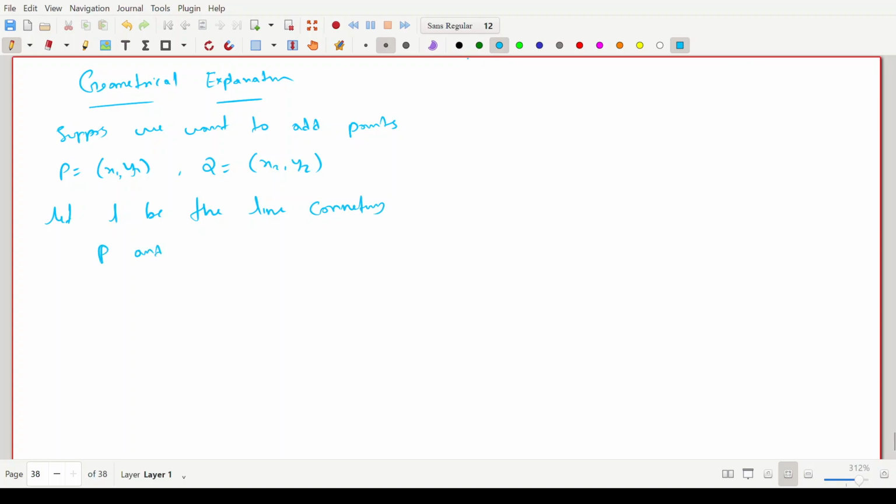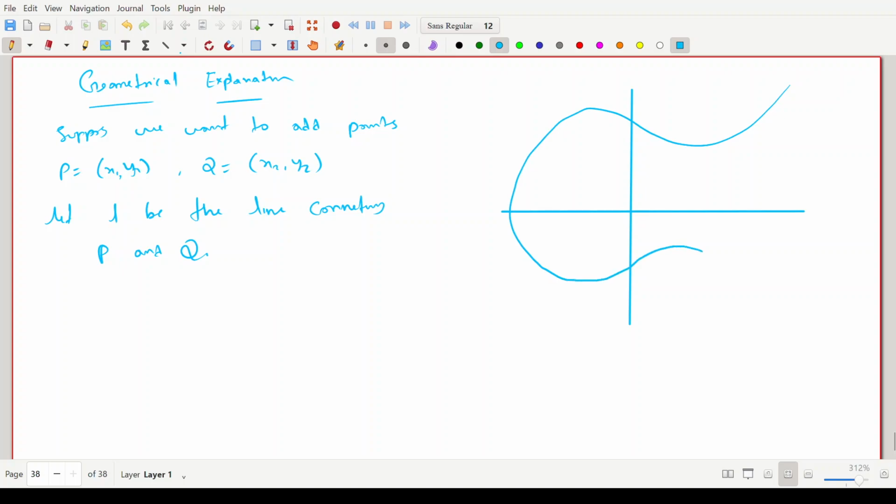So if I try to draw here, it is something like this, symmetrical to the x-axis. The graph is, suppose P is here and Q is here.